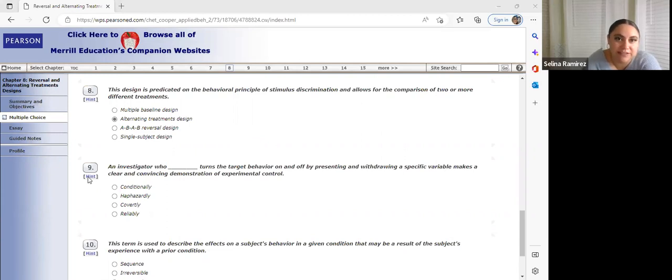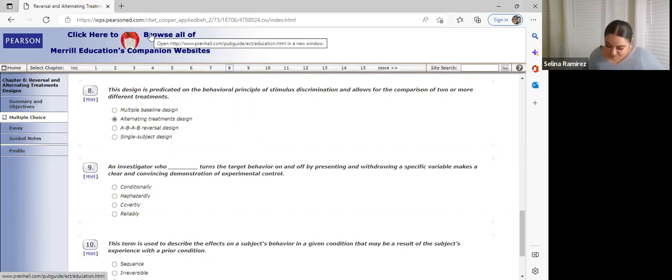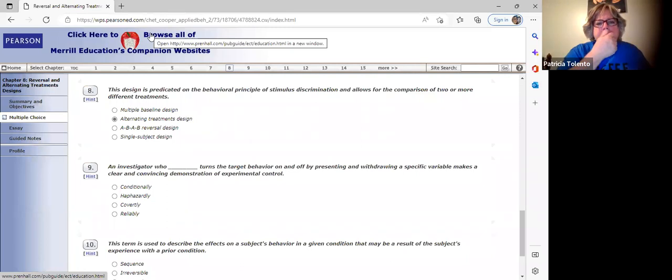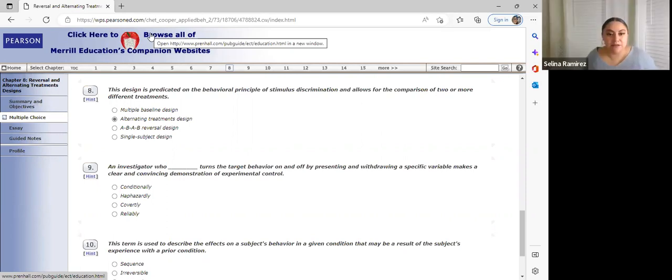The reversal design. So this one you're turning on and off, which means that it's reliable, because you are showing that it is indeed sound.